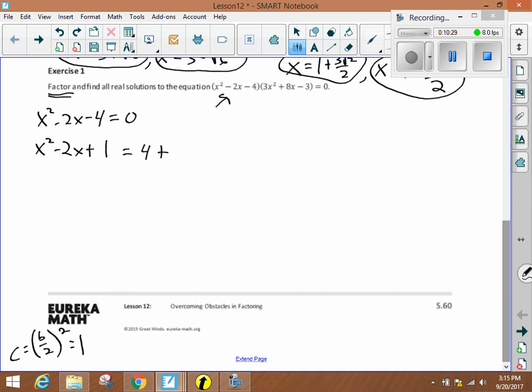So I'll put a 1 there and 1 there. Fantastic. Hey, now I'll express this as the square of a binomial because that is indeed a perfect square trinomial.